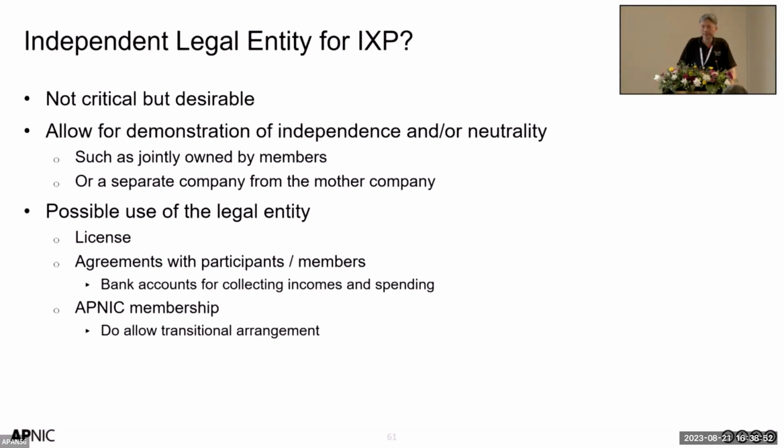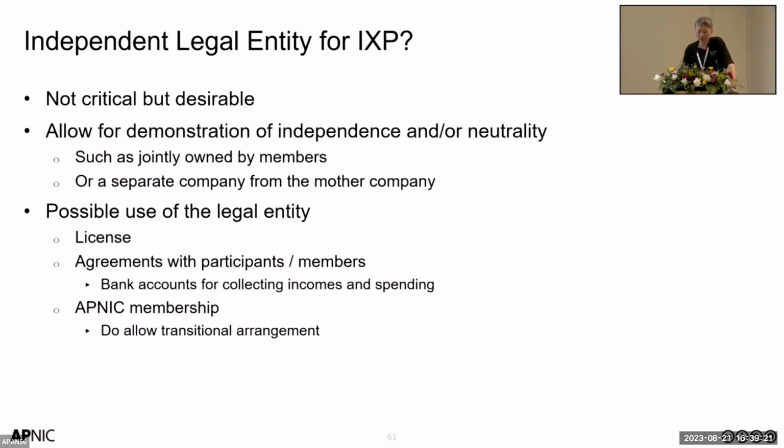NRANs or universities are relatively neutral compared with commercial entities, so you can take advantage of that. In fact, as I mentioned, HIX was also started by a university. So we took advantage of the neutrality, and we have the trust from the community.